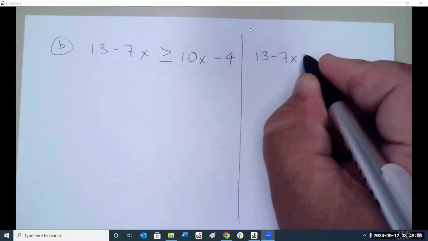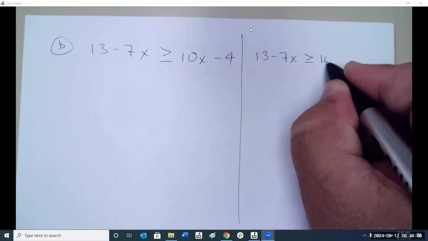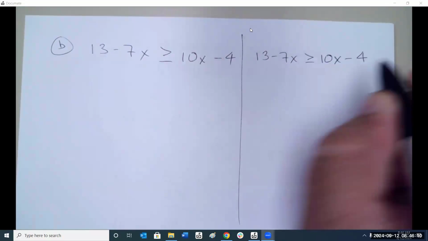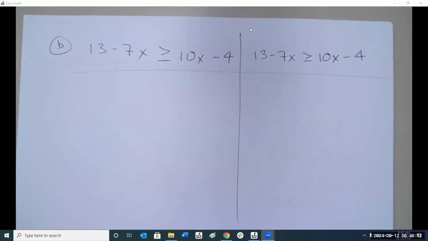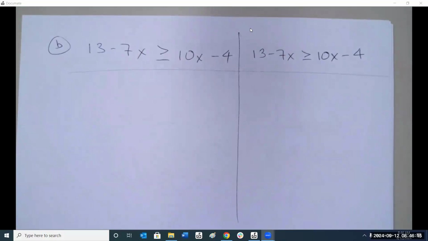I'm doing this to show you that there's really no wrong way to start these things. Whenever you're solving for x's and you have x on both sides, always move the x's first. Never move the numbers first and then worry about the x's.